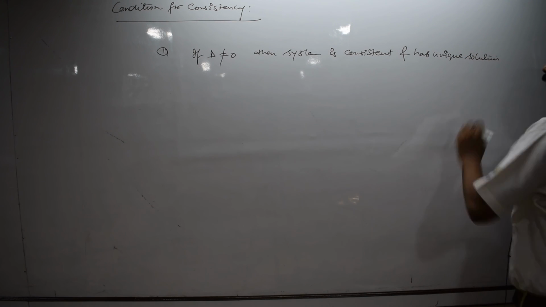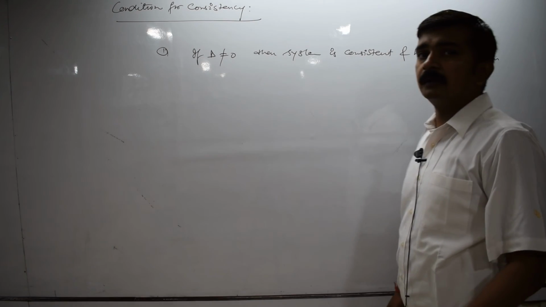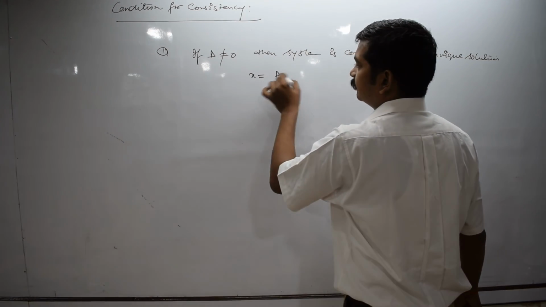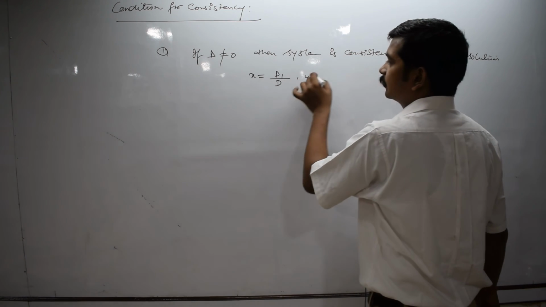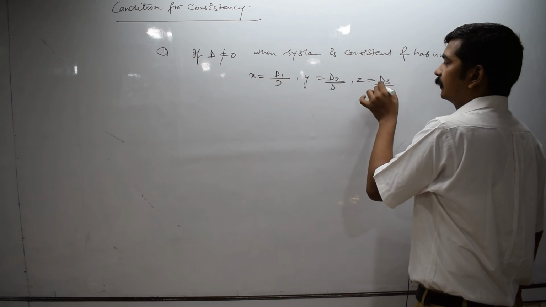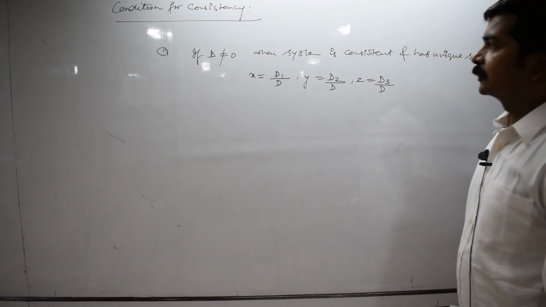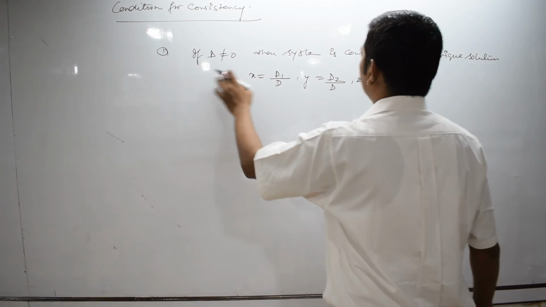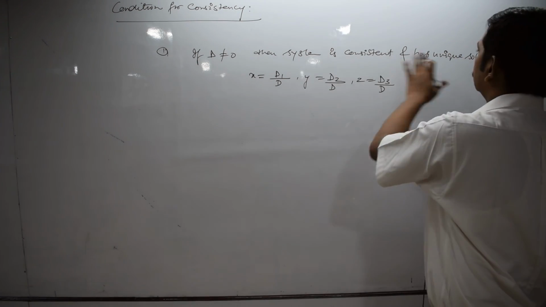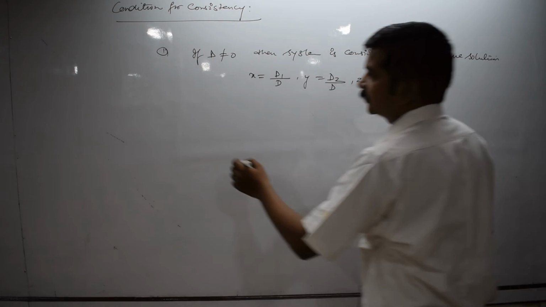This means we find the values of x, y, z uniquely, as x equals D1 upon D, y equals D2 upon D, z equals D3 upon D. So, in the case of D not equal to 0, we find a unique solution, meaning the equations are consistent and the solution is unique.